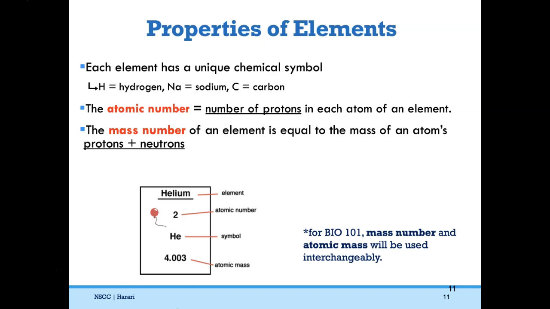Because the atomic mass or the mass number, and again, mass number and atomic mass will be used interchangeably in this class, I'll talk about that in a bit. But if you want to figure out the number of neutrons, you would subtract. You would take the atomic mass minus the atomic number equals the number of neutrons. Because the atomic mass is protons plus neutrons, and the atomic number is just protons.